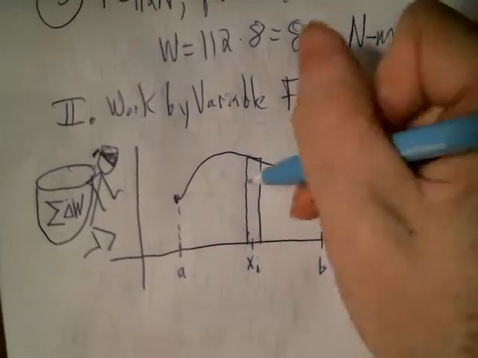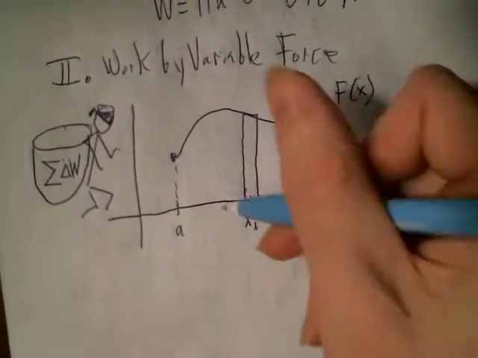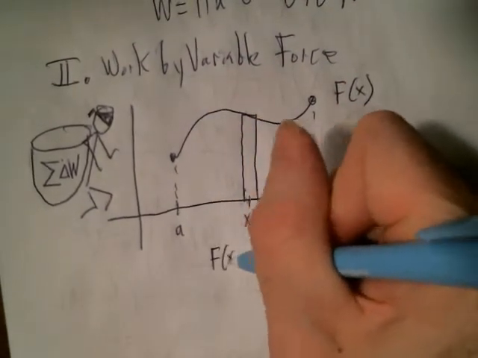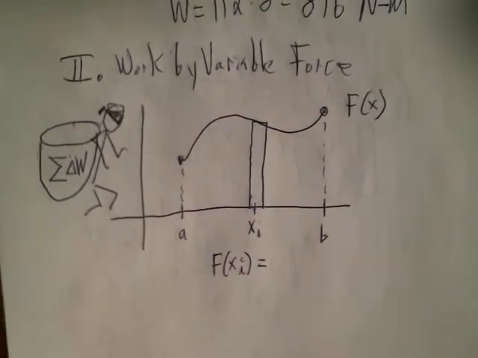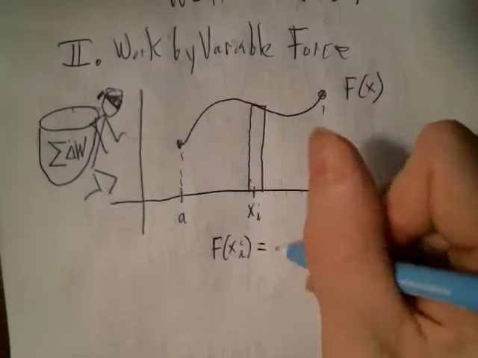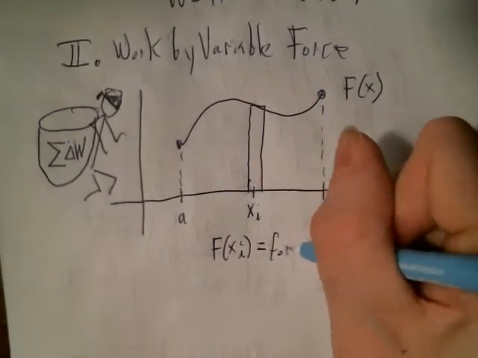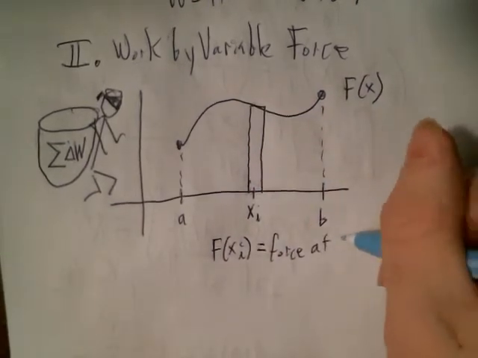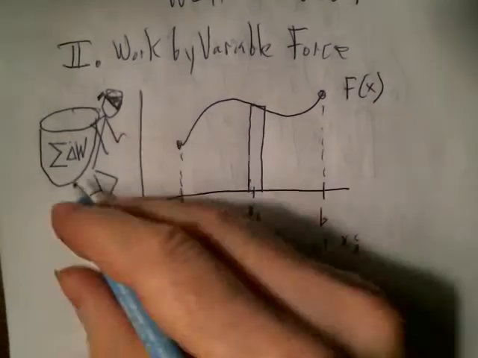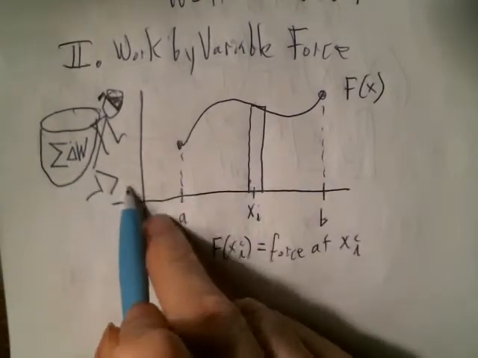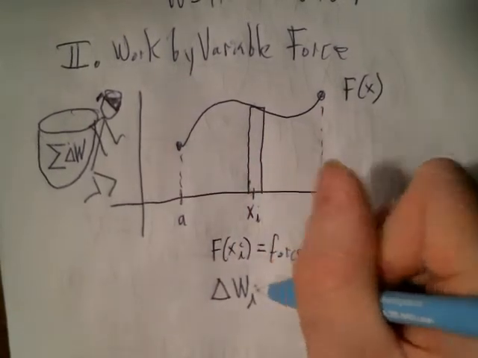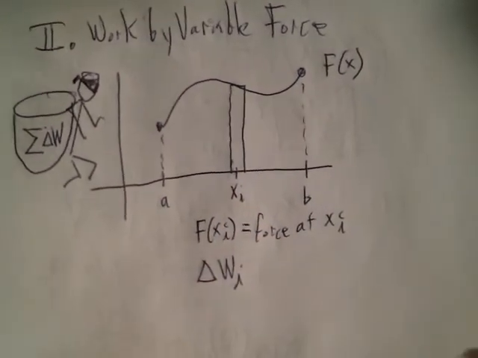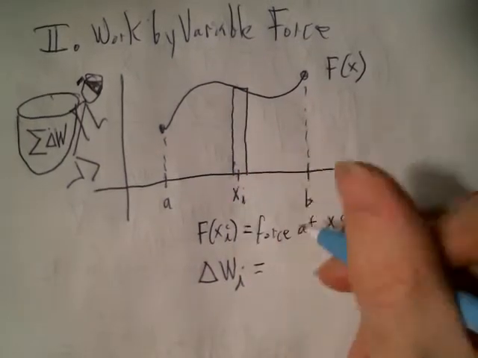Okay, so let's just notate this. F of x sub i, what is that? Well, that will be the force required at that particular location. And then this increment thing that the little criminal is running through and picking up, this work increment, that's just going to be the work done in the ith interval.